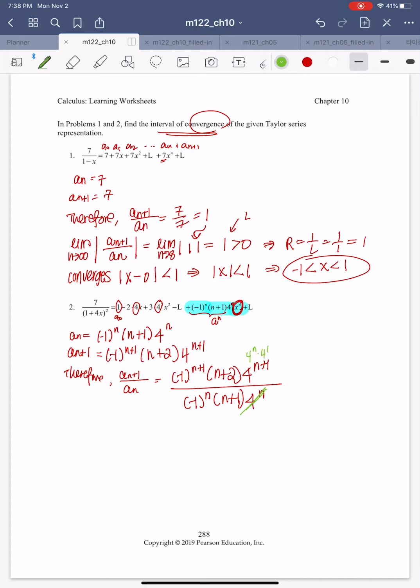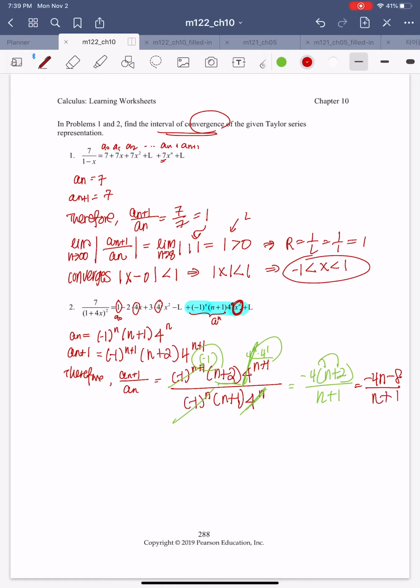So the 4 to the n terms disappear, and the negative 1 to the n terms disappear too, leaving negative 1 times 4, which is negative 4, times n plus 2, and on the bottom you just have n plus 1. Distribute, and the final answer will be negative 4n minus 8 over n plus 1.